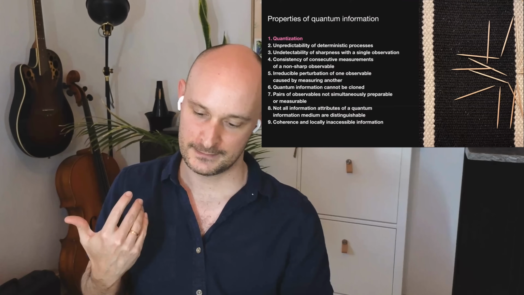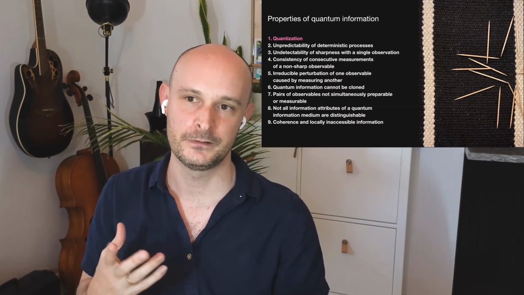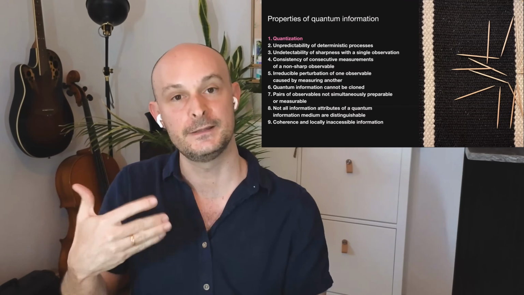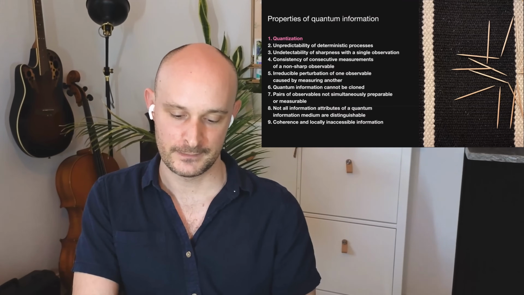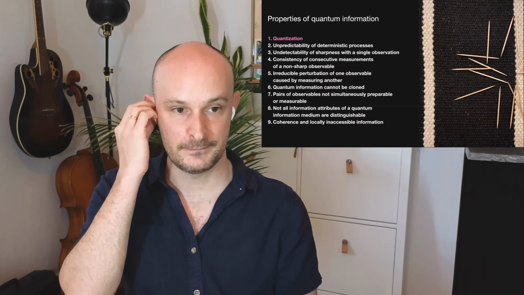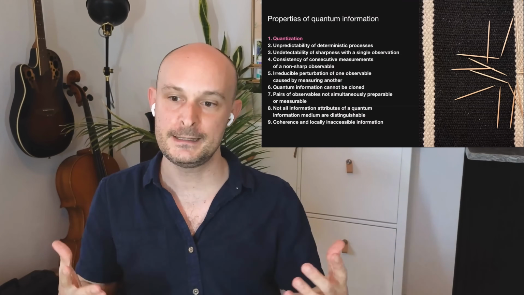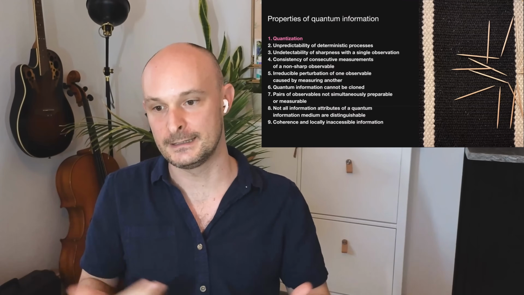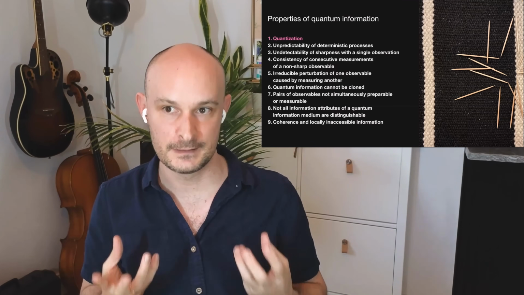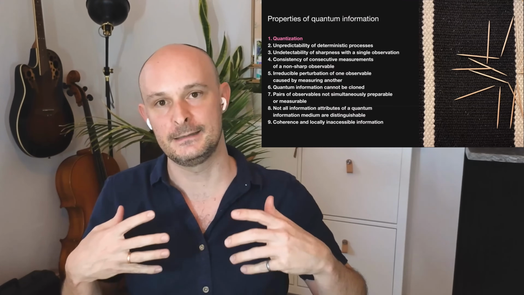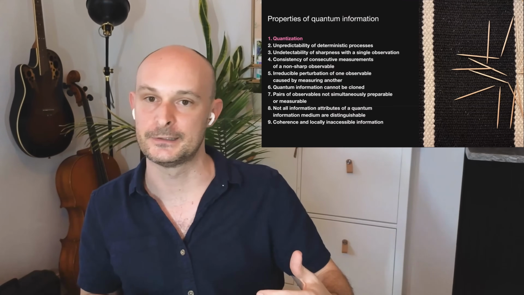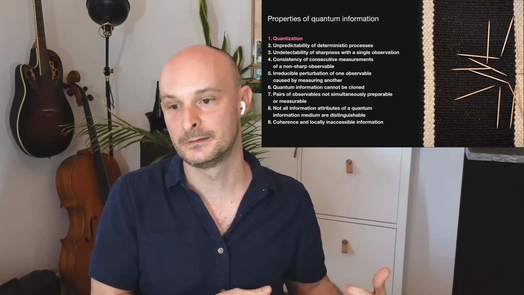Now, something that Chiara Marletto and David Deutsch go into in their more technical paper that I cited in the beginning of this talk is that part of their paper lays out, in their opinion, nine of the fundamental distinct properties of quantum information, things that distinguish quantum information from classical information.